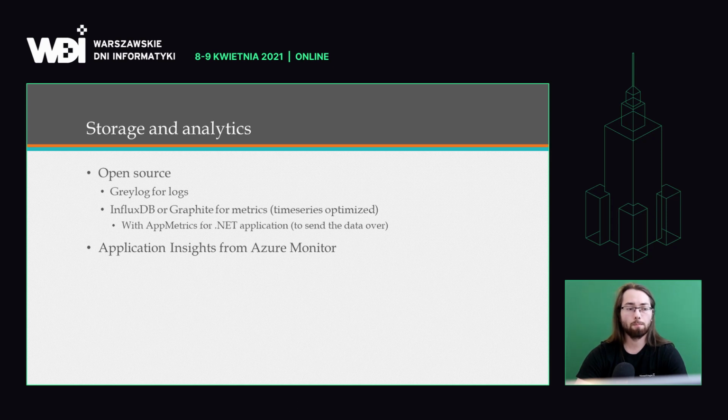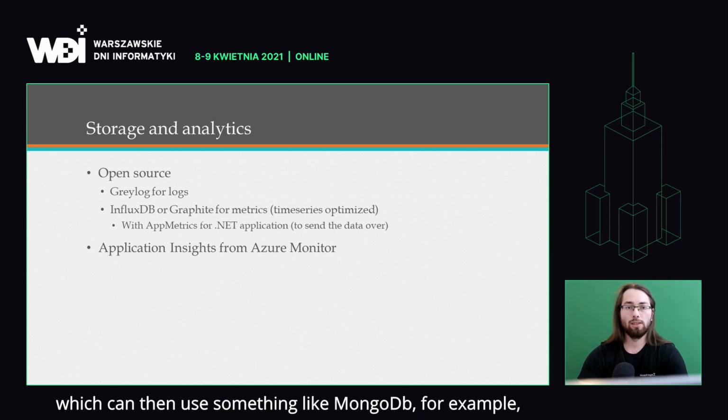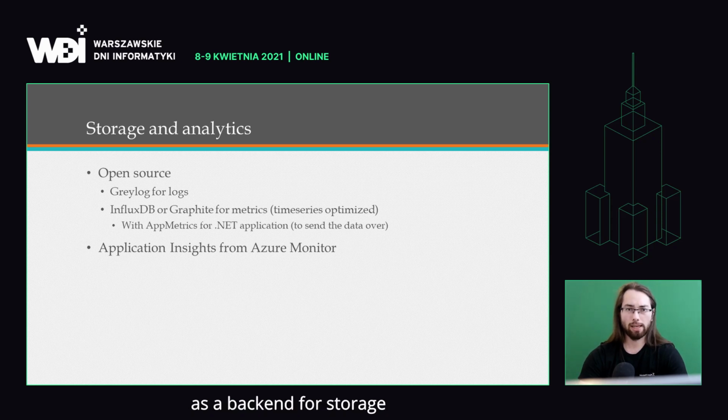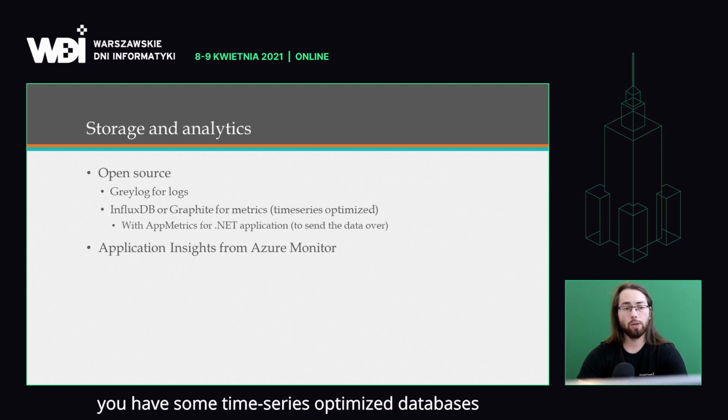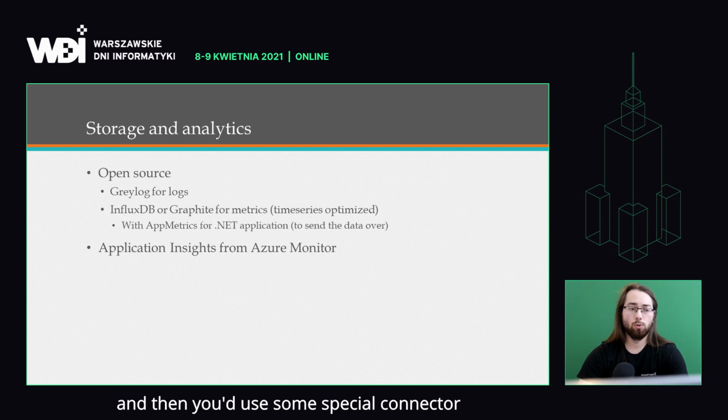So there's Graylog for logs, which can then use something like MongoDB, for example, as a backend for storage. And for metrics, you have some time series optimized databases like InfluxDB or Graphite, and then you would use some special connector to send the metrics there.